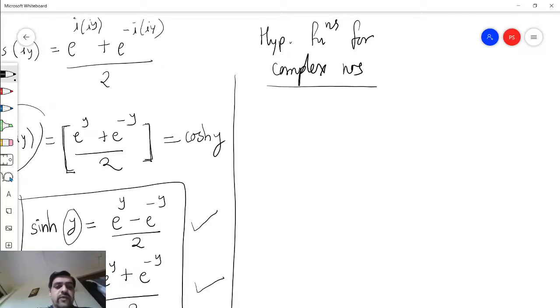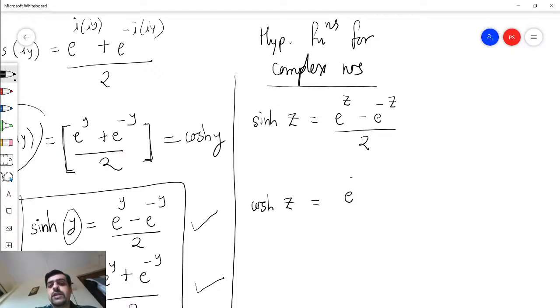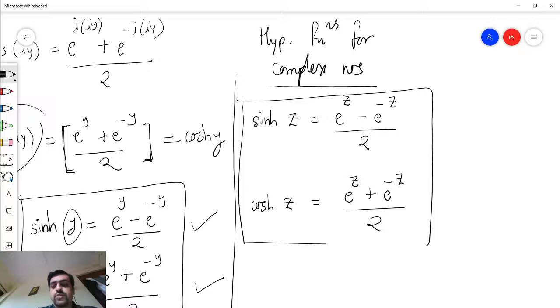We will repeat these two formulae: sinh of z equals e raised to z minus e raised to minus z divided by 2, and cosh z equal to e raised to z plus e raised to minus z whole divided by 2.